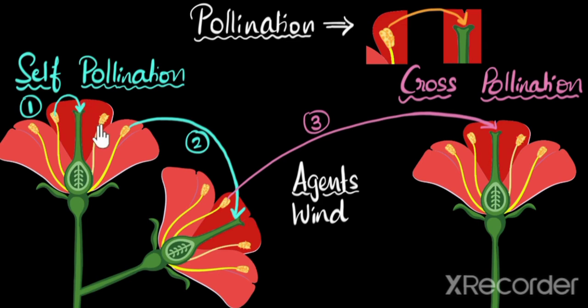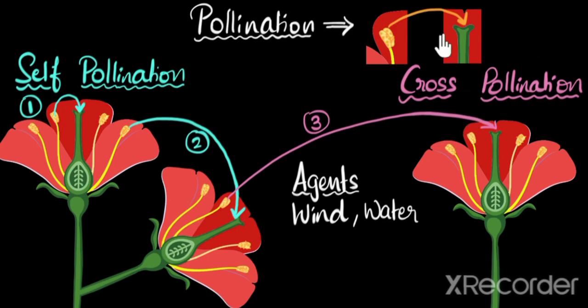And pollination happens. So with wind, self-pollination can easily happen because the stamen, the pollen grains and the stigma are very close to each other. So with wind or water, just like how wind helps in transferring pollen grains for land plants, water will help in transferring the pollen grains in aquatic plants.